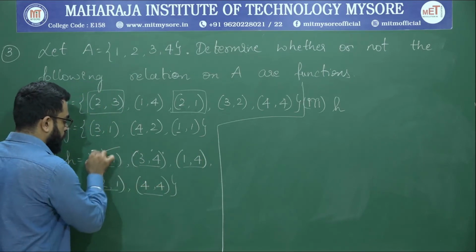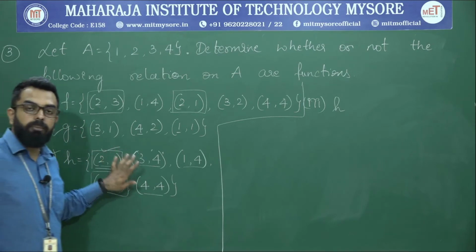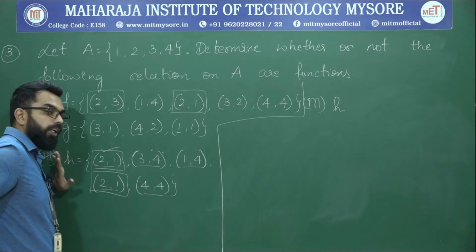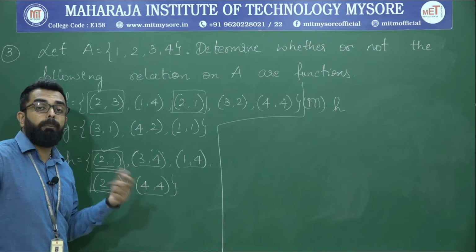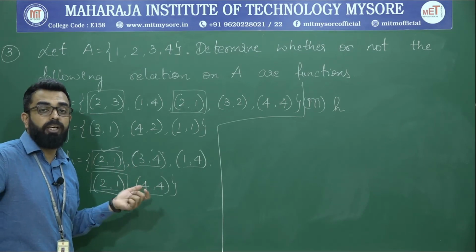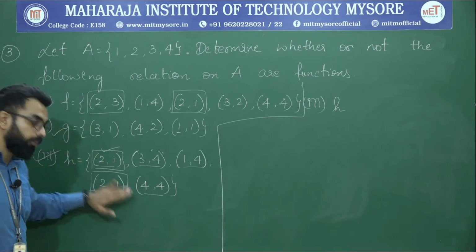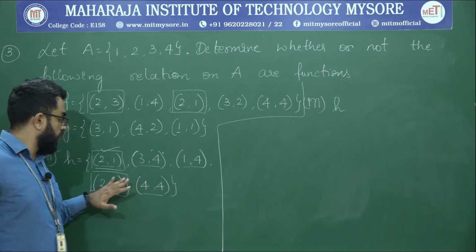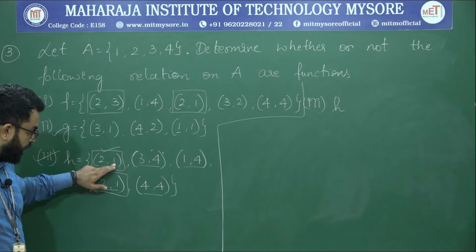If you observe, (2, 1) and (2, 1) are both the same element. These are two copies of the same element of the relation H. An element in a set can appear multiple times, and writing it once or multiple times will not make any difference. So even 2 has a unique mapping: 2 is mapped to 1.